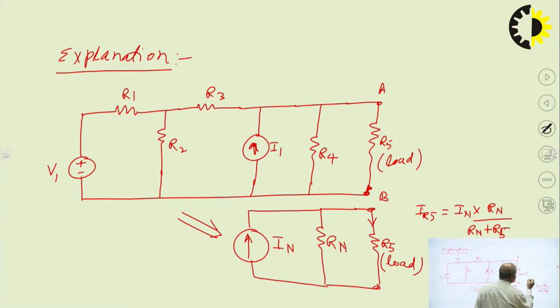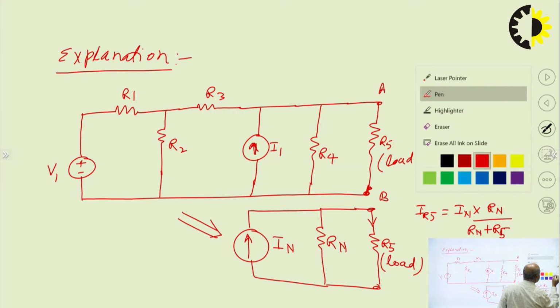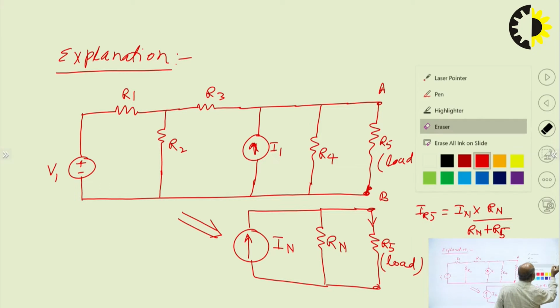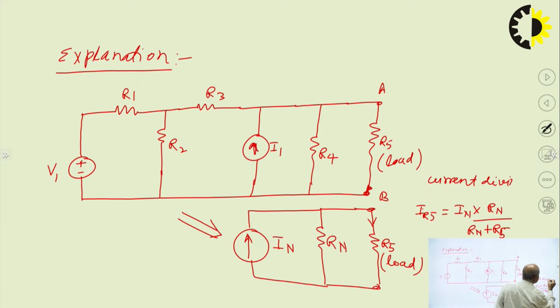This is simply the current division rule. We have calculated this current.